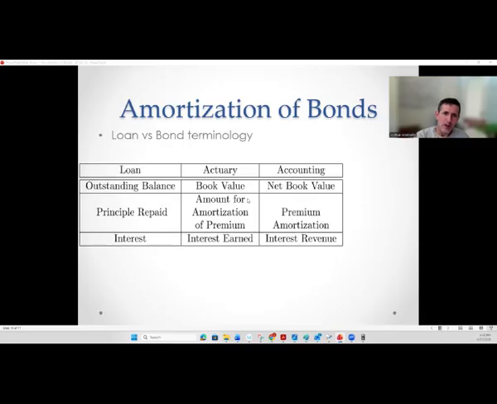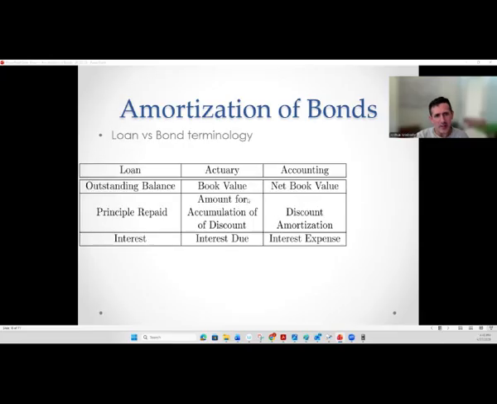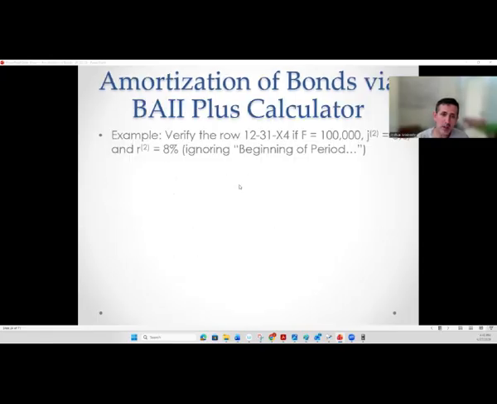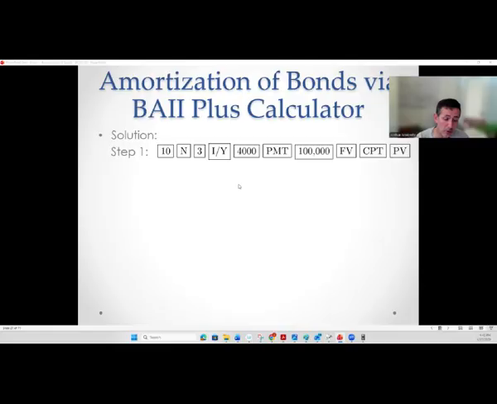So anyway, now that that is out of the way, I want to do some more amortization of bonds problems. These problems get really tricky, and you really have to be careful. Me personally, I didn't get a lot of these problems.